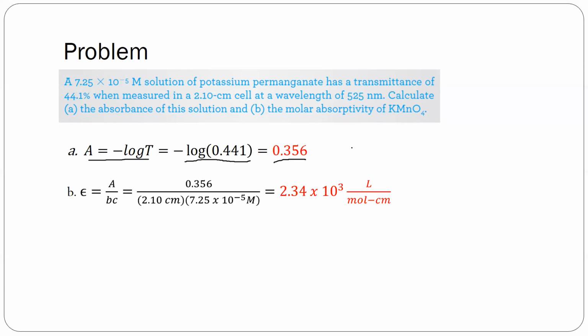Now, since we know the absorbance, we can calculate letter B, the molar absorptivity. Remember, Beer's law, it's just A equals epsilon BC. So to get epsilon, it's just A over BC. A is 0.356, yung nakuha natin sa part A, B is 2.1, and C is the concentration. So you will get a value of 2.34 times 10 raised to 3 liters per mole centimeter.